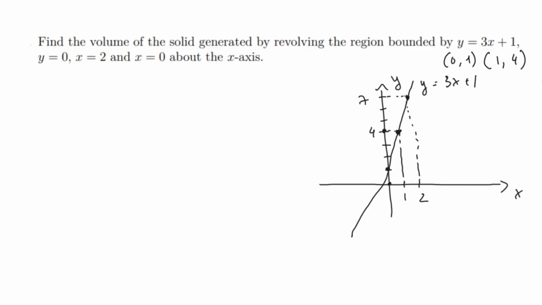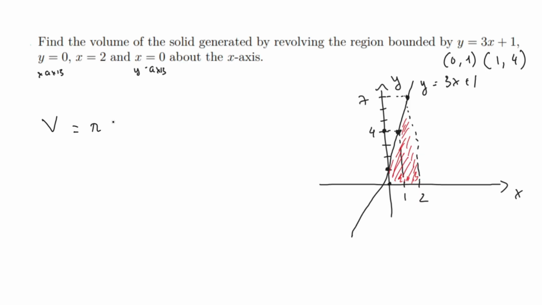So with x equals 2 and x equals 0, where x equals 0 is the y-axis and y equals 0 is the x-axis, it's going to be this area. We have to find the volume of the solid generated by this region. Now we're going to apply the formula to this question.